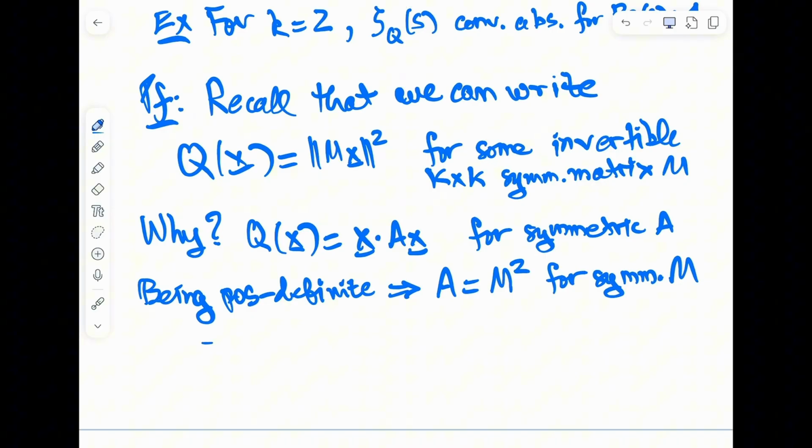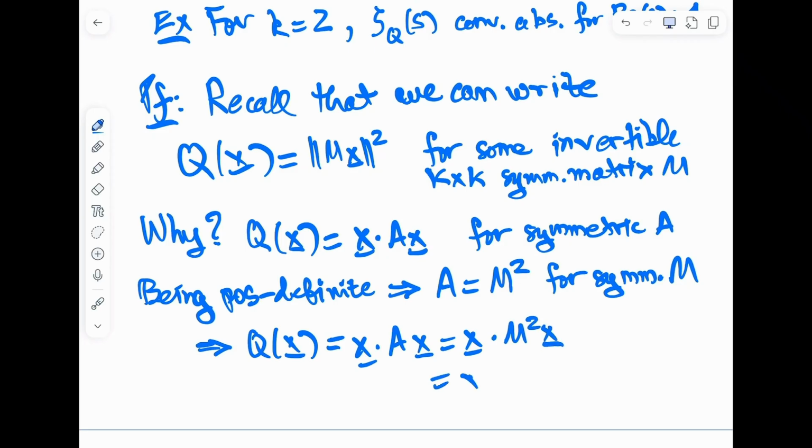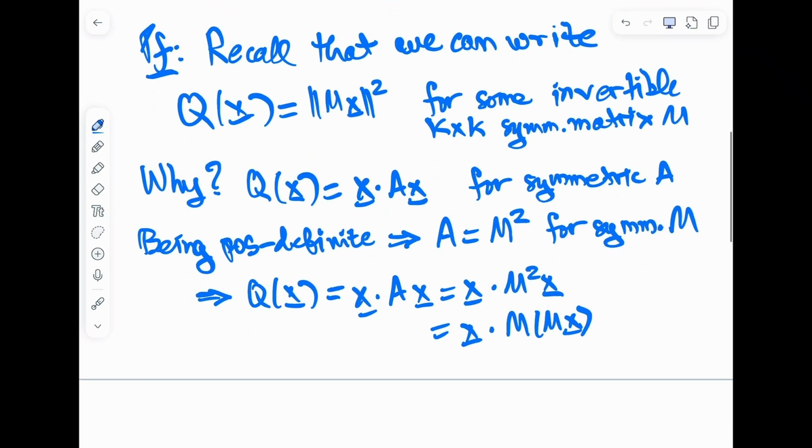Then x dot Ax is x dot M squared x, and you can always move a matrix to the other side of the dot product by using its transpose. So you can move the first M over to the other side with the transpose, but M is symmetric, so you get Mx dot Mx. So you get the length of Mx squared.